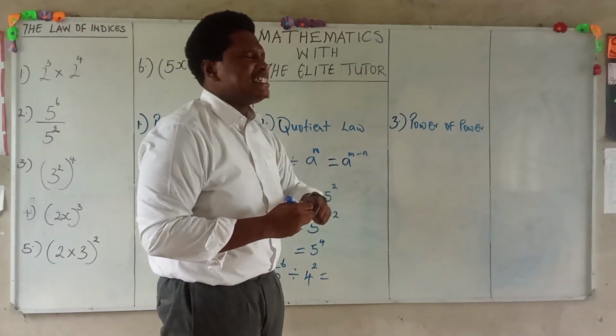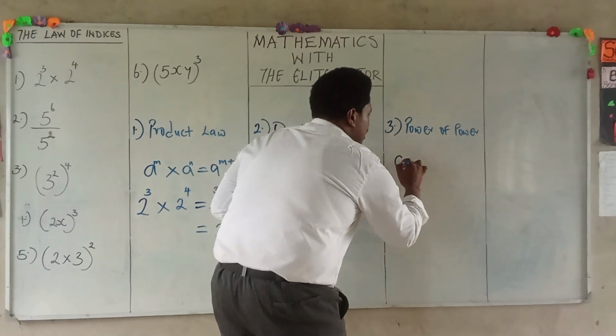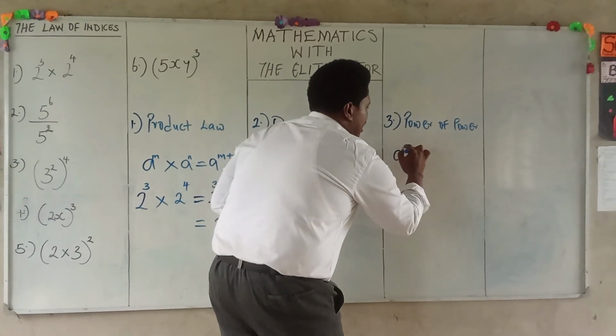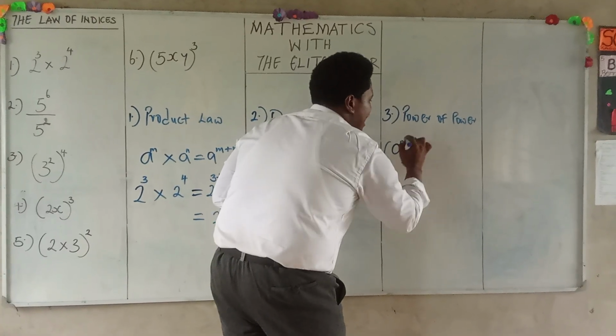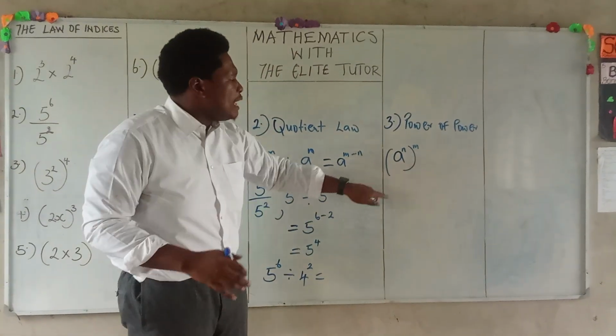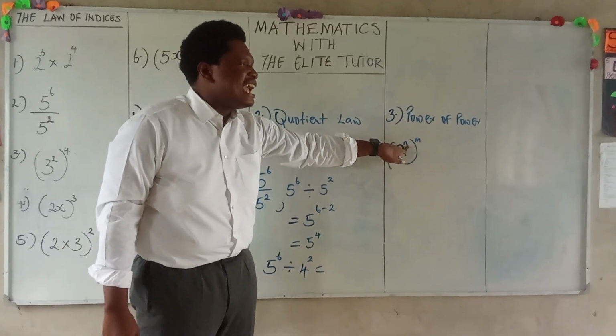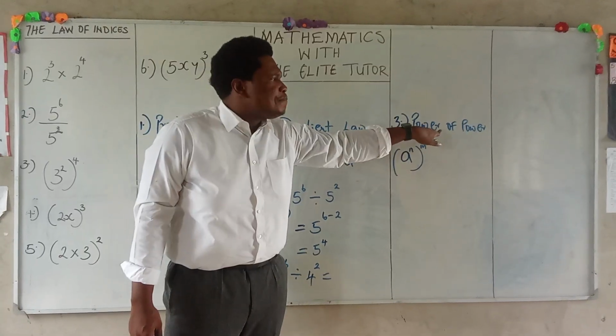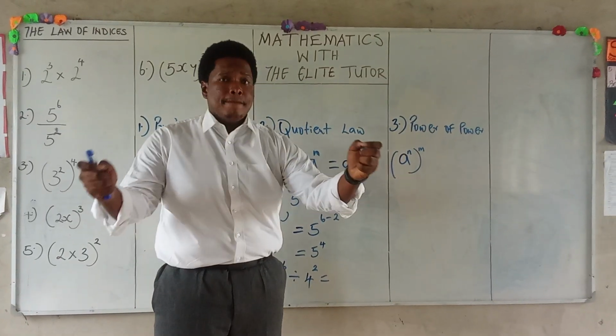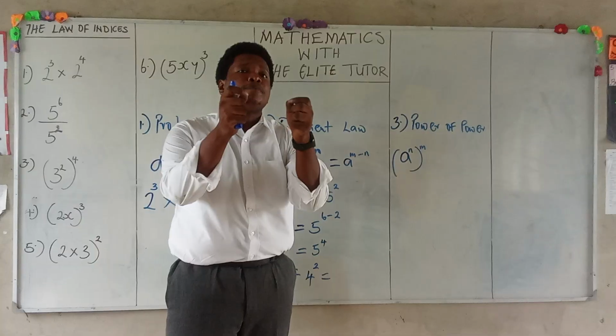Now the power of power is expressed as a raised to power m, bracket raised to power n. So you can see the power m here is raised to another power. The power of power law states that we multiply both powers.